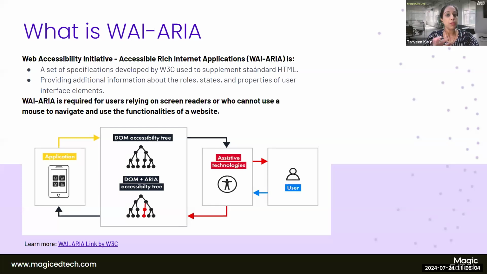We don't need to implement all ARIA. We just need to have the right ARIA implemented at the right place. No one asks you to ensure that every interactive element needs to have an ARIA property associated with it. Few elements can achieve compliance by standard HTML itself. So never overdo your ARIA. That's the key important point we wanted to highlight before we start.